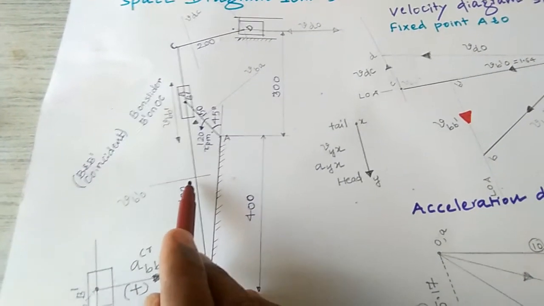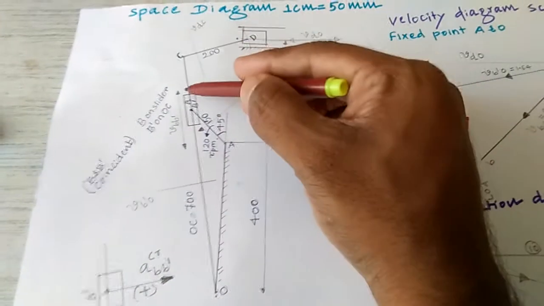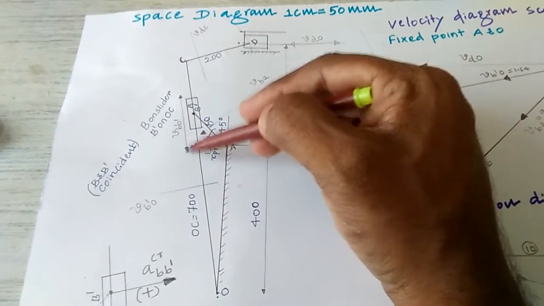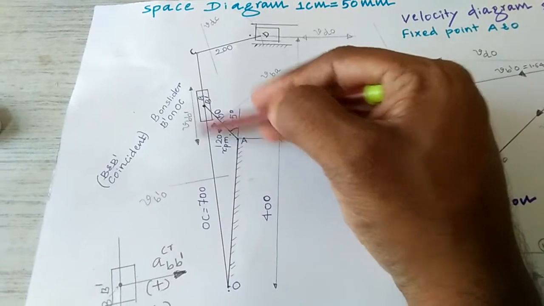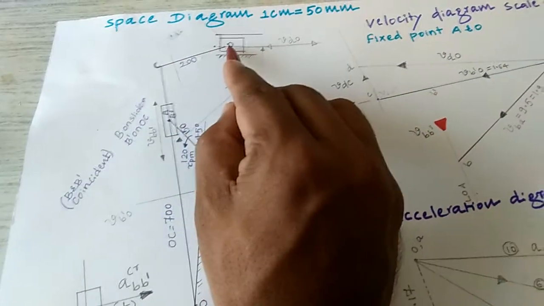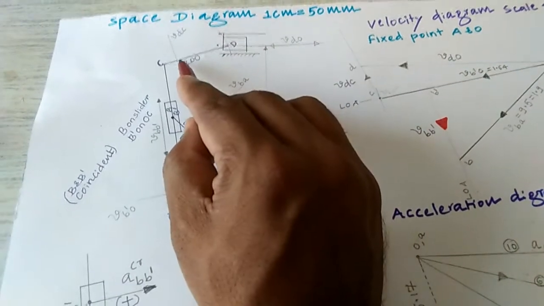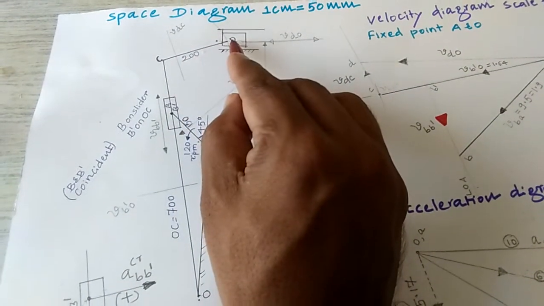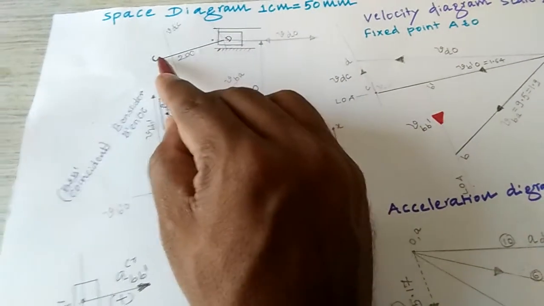This is also perpendicular. For a slider and a fixed point, it comes along the line of action, the direction of motion of the slider. Then you come to CD. CD also you will find the velocity. I am determining the velocity of D with respect to C.